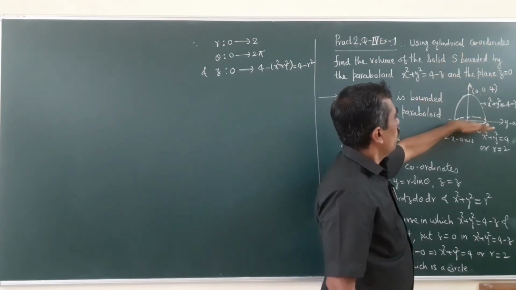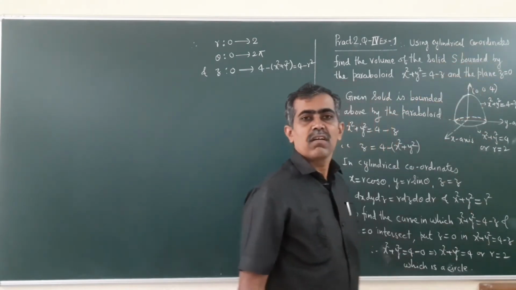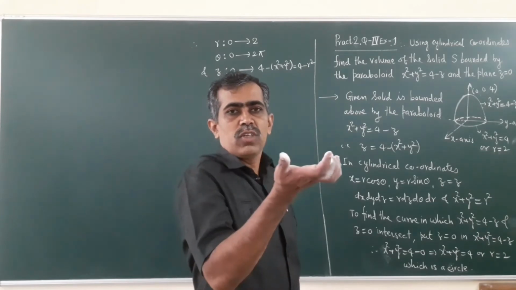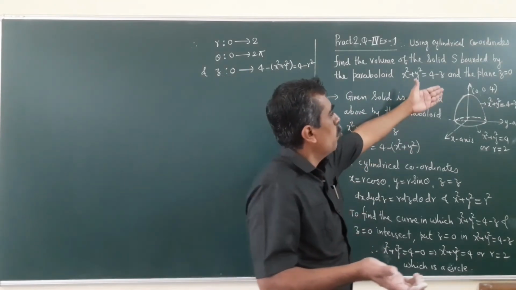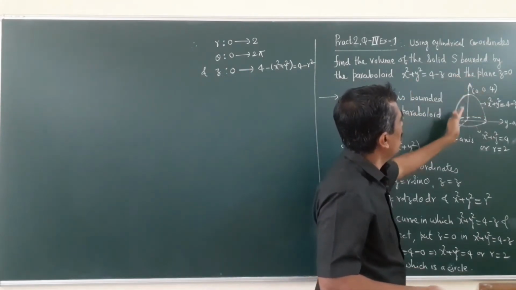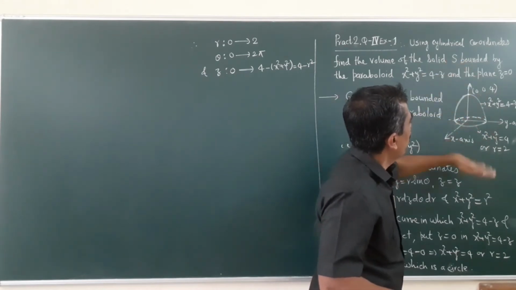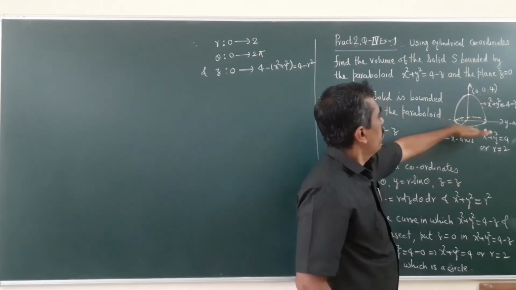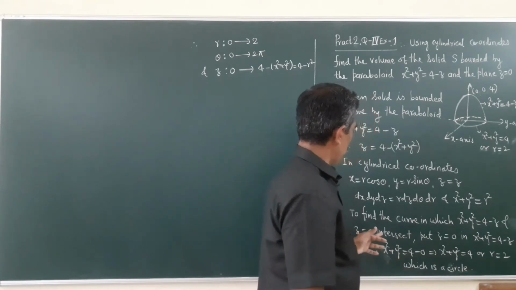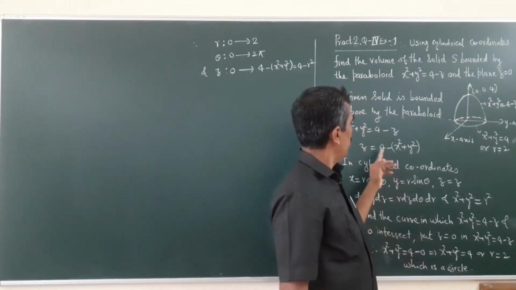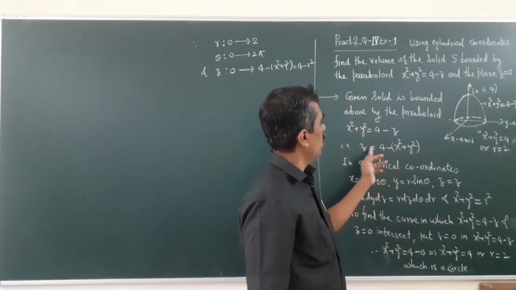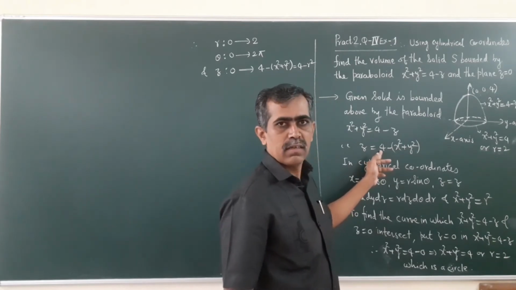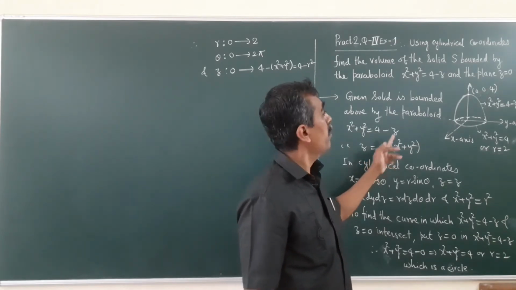Now, we have to find the intersection of z equal to 0 and this paraboloid. To find the intersection of this paraboloid and the plane z equal to 0, put z equal to 0 in the equation of the paraboloid.